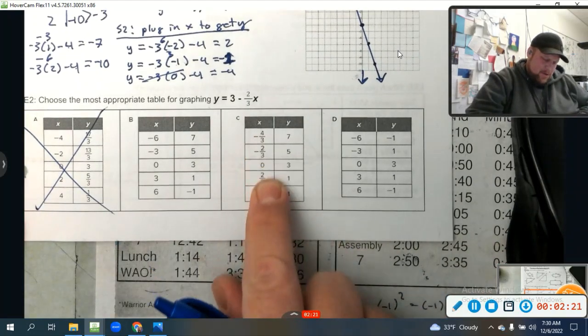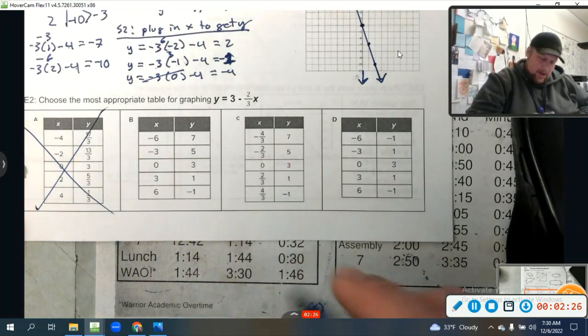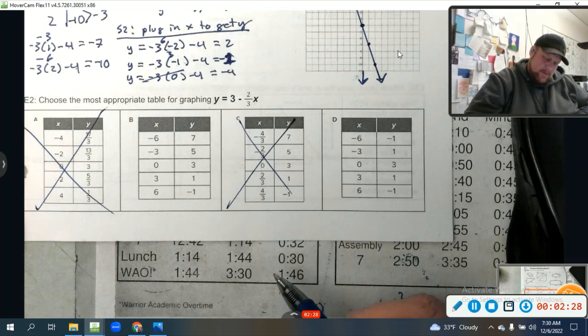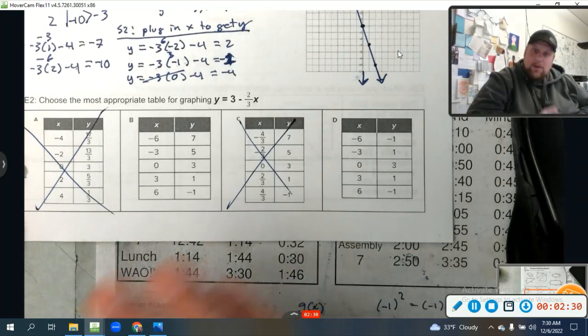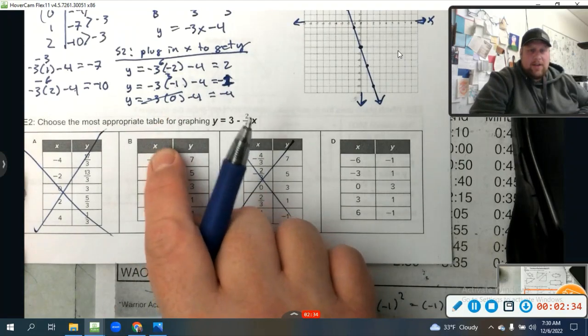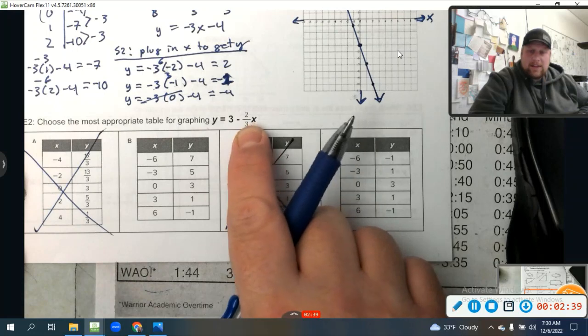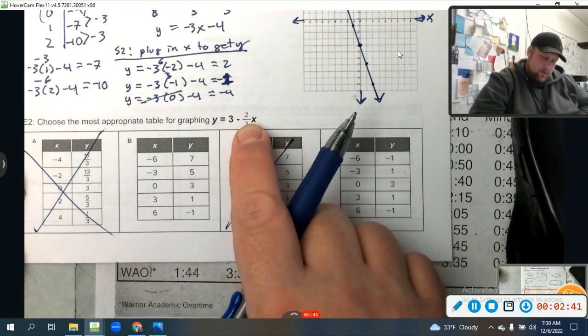And I'm certainly not going to put in weird values of x to make it work out, so this would be a terrible plan. What I want to do is pick values of x that are going to get me good values of y. Notice that if I multiply anything that's a multiple of 3, it'll cancel out this 3 right here.